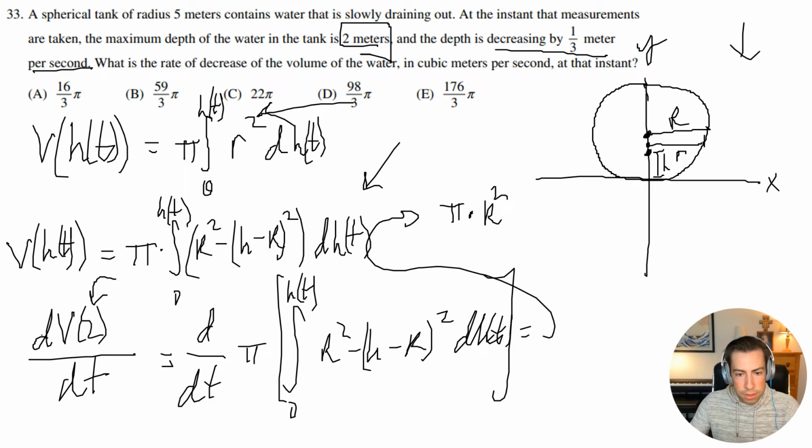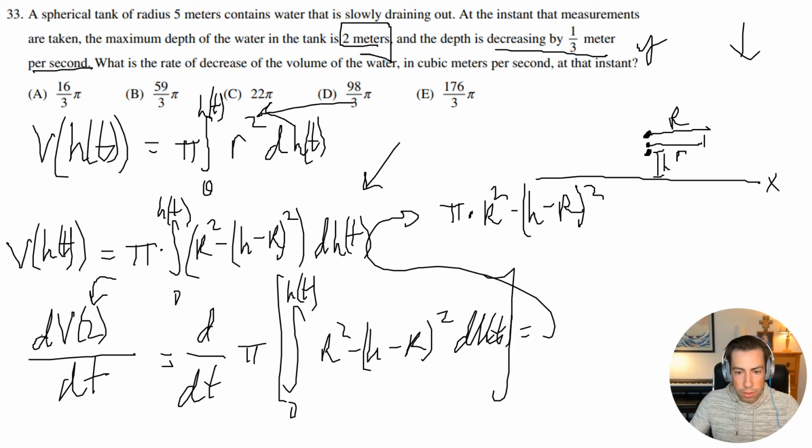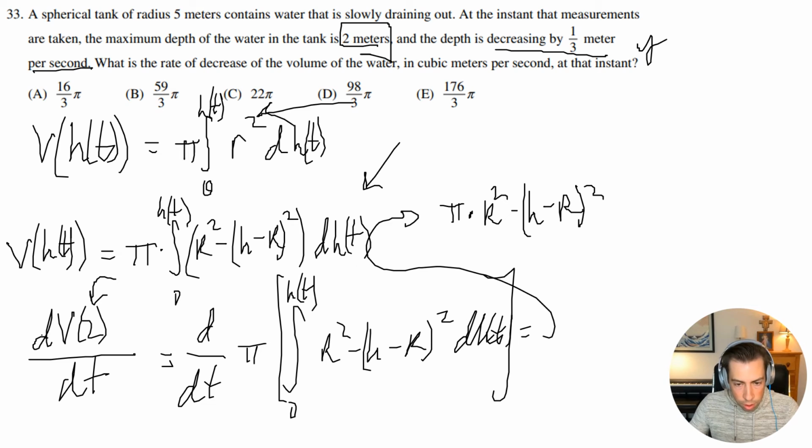So I will get r squared minus (h minus r) squared. And let me just go ahead and erase this so I have some more room. So I'm going to have all of this, and then it is going to be evaluated from 0 to 2.